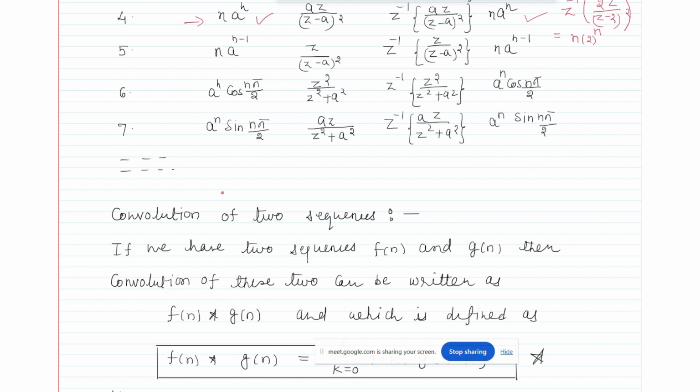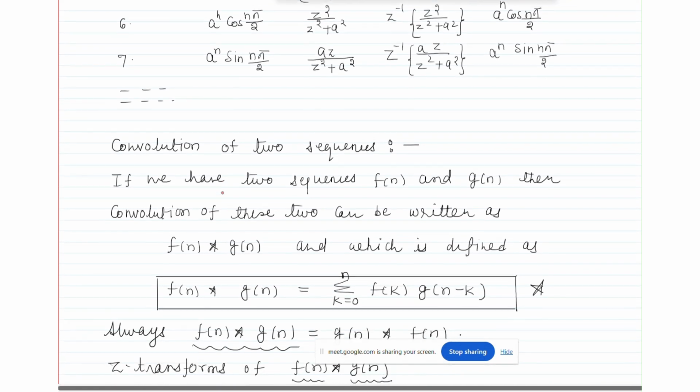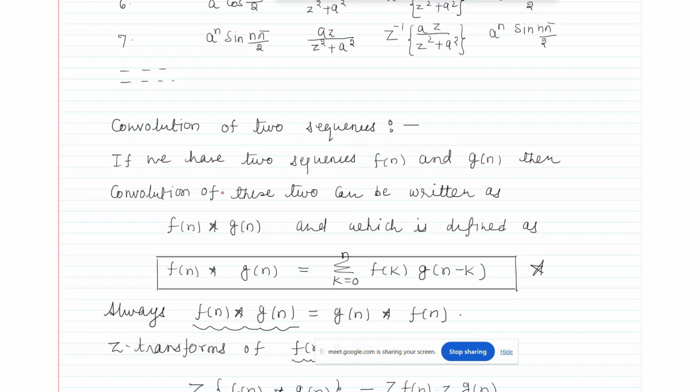There are many formulae and it is not possible to show all of them here, so whatever formulae are required for this lecture, only those I have shown in this list.